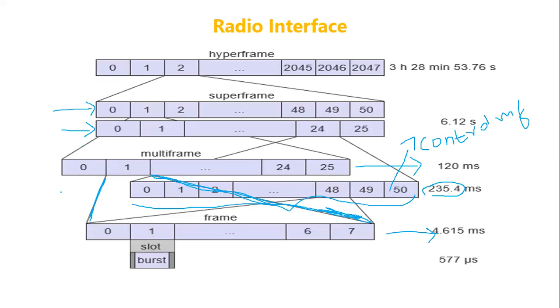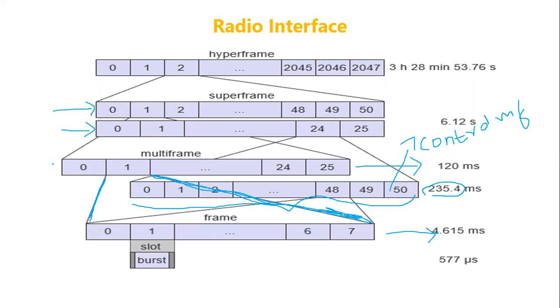This first one is formed by combining 26 multiframes with 51 frames, whereas the second one is formed by combining 51 multiframes with 26 frames.